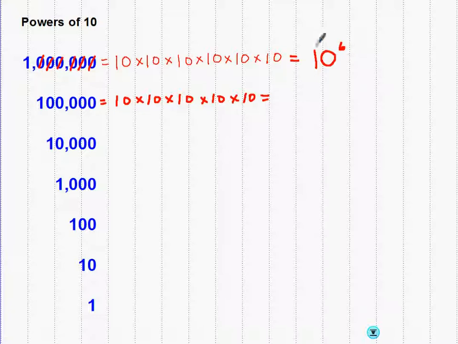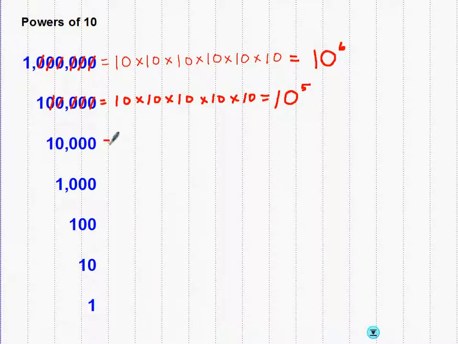Then we can write that as an exponent with 10 as our base number again. This time it will be to the power of 5, because I multiplied 10 times itself 5 times. And also following our pattern, 100,000 has 1, 2, 3, 4, 5 zeros. So 10 to the power of 5.